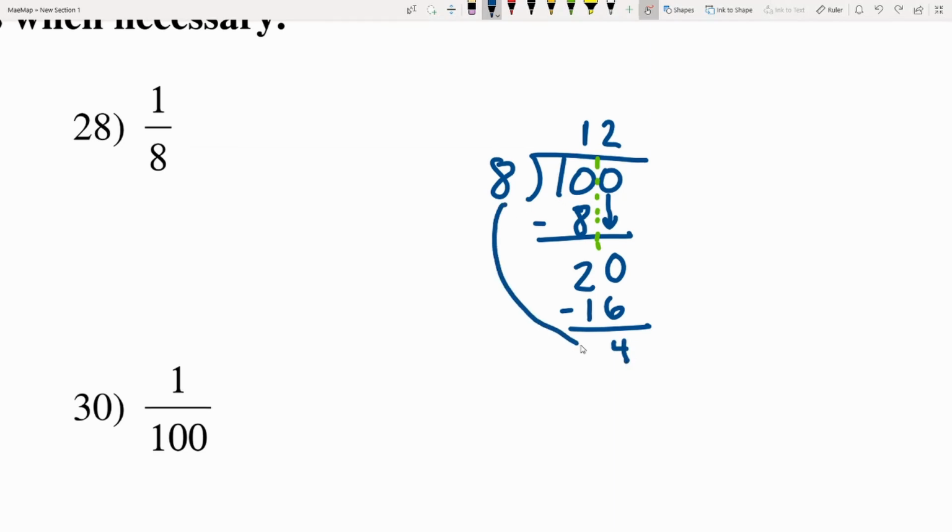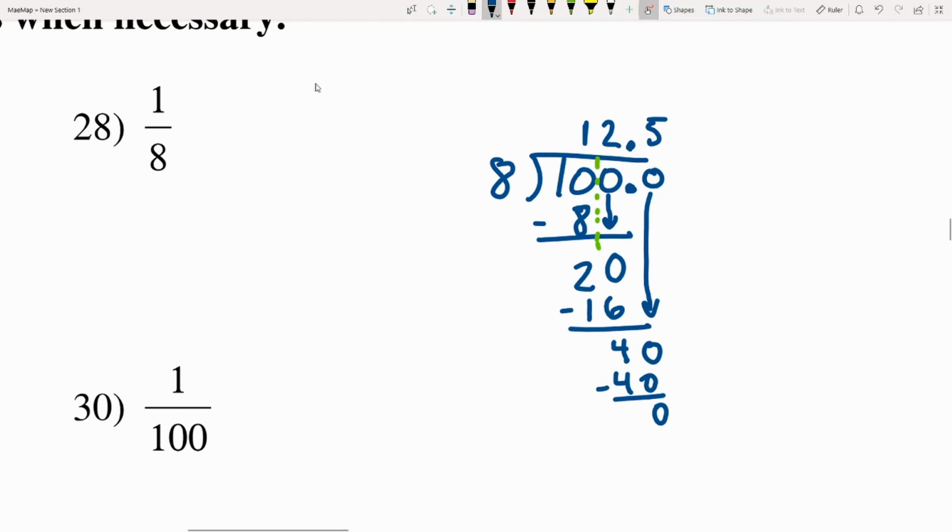Now I know that 8 doesn't go into 4, but I can carry down a 0 and see how many times 8 goes into 40. But remember, in order to place that 0, I had to put a decimal point, so I'm going to keep it in line as well. So 8 goes into 40 5 times, because 8 times 5 is 40. So you can see I have nothing left over to deal with. So 8 goes into 100 12.5 times.